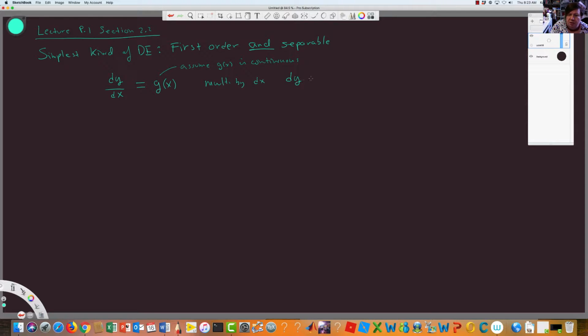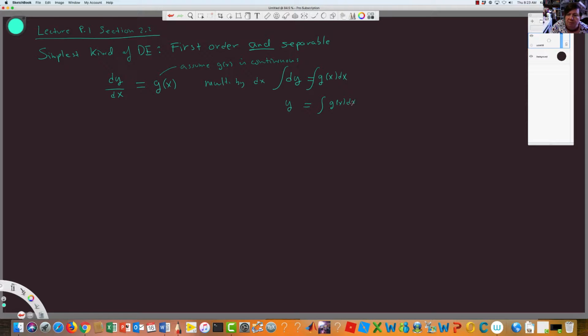That would give me dy on one side, and g(x) dx on the other. Well, look at that. I bet I could integrate both sides, right?